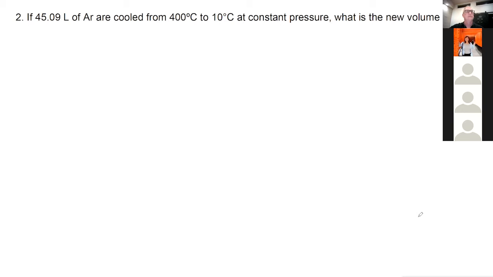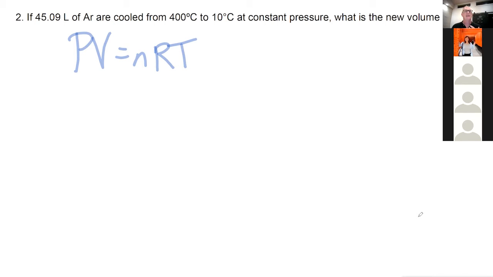So how are we going to deal with this particular question? Good old PV=nRT. I really believe in writing that down for every gas law question, regardless of what it is.